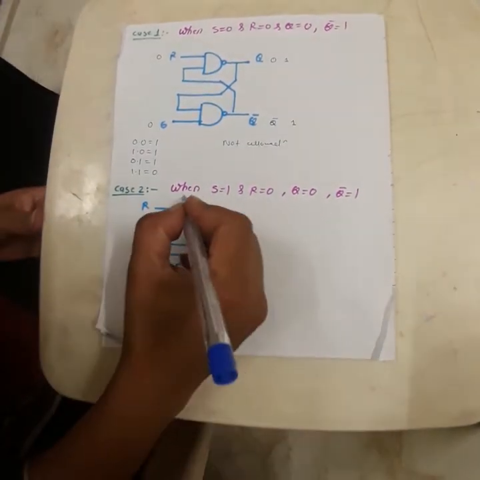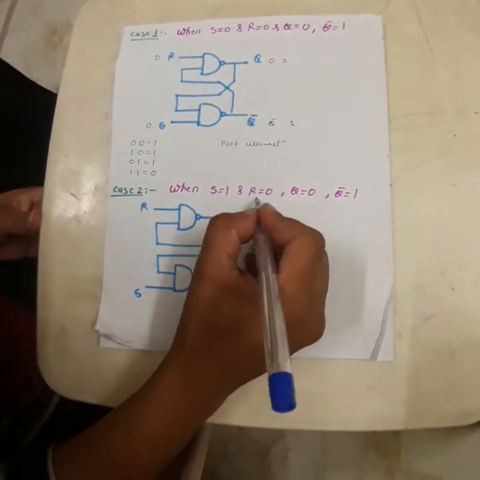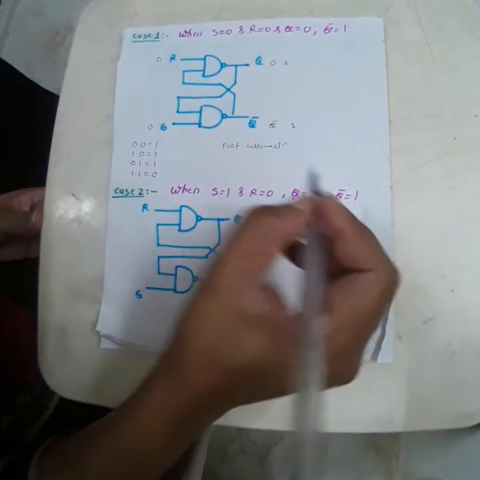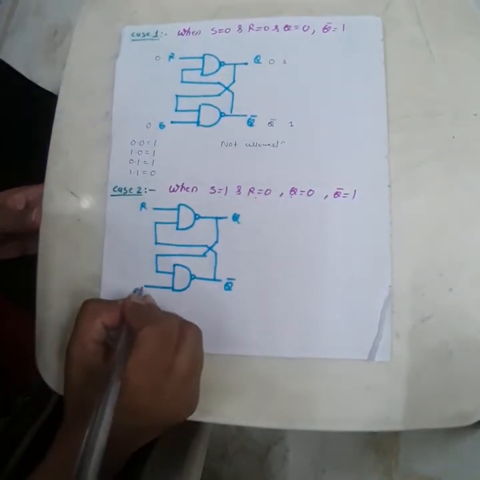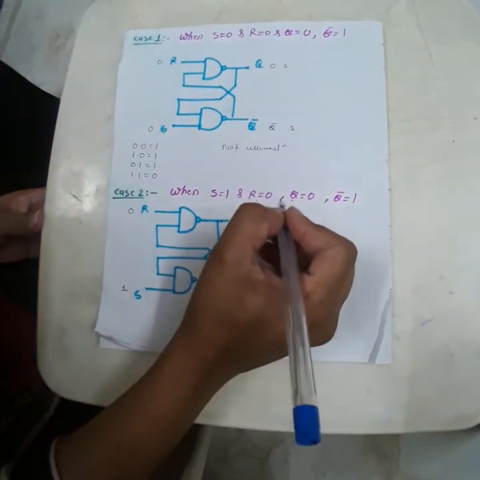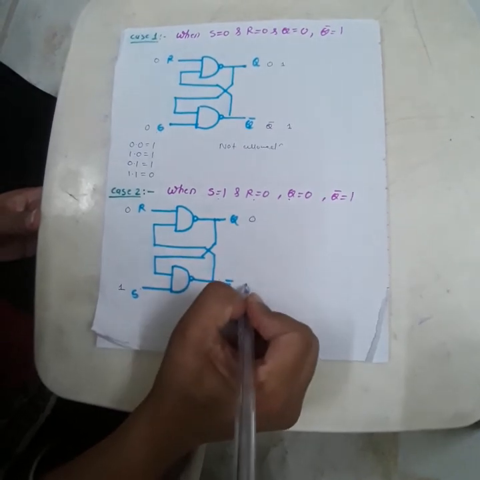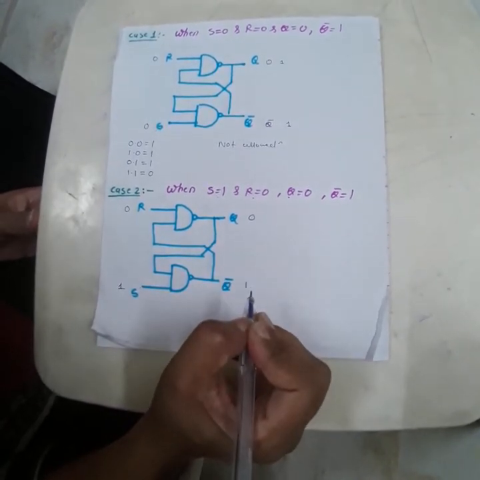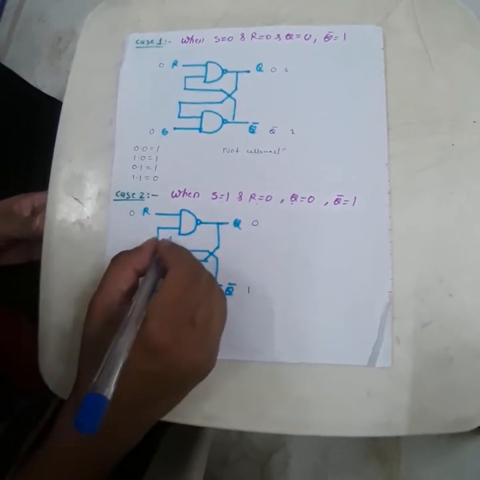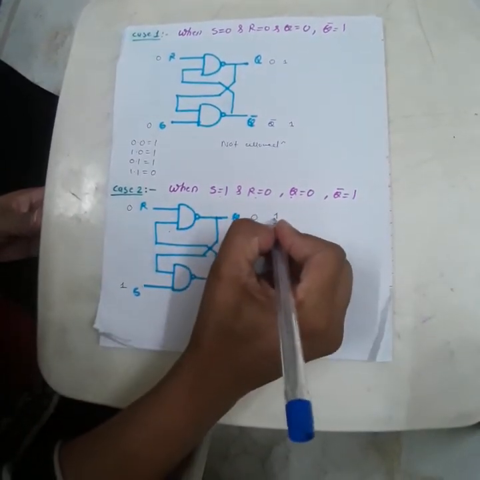Now in the second condition, when S equals 1 and R equals 0, Q remains in the same state, Q equals 0 and Q bar equals 1. So S equals 1, R equals 0, Q equals 0 and Q bar equals 1. Now here we start from the first NAND gate. Here one of the inputs is 0, so we will get output 1.